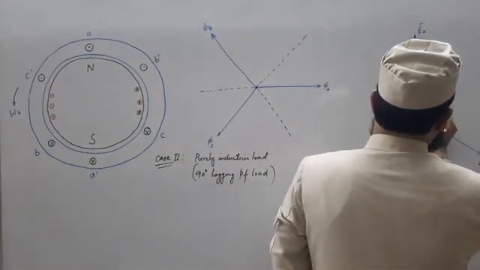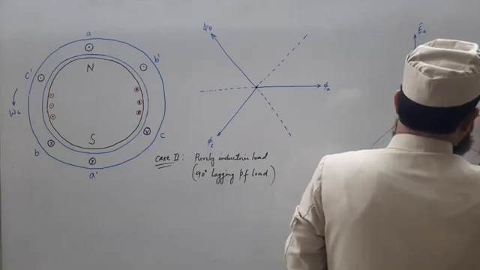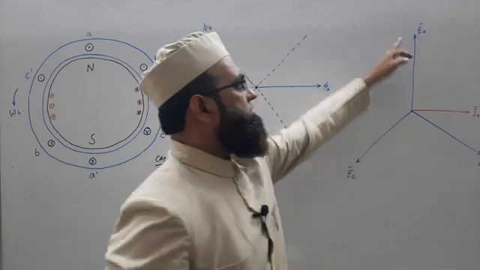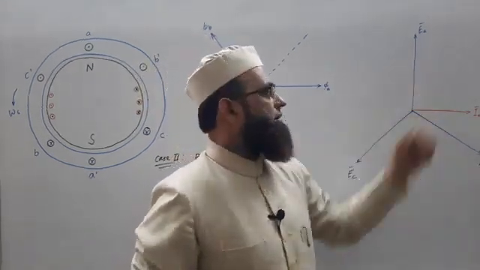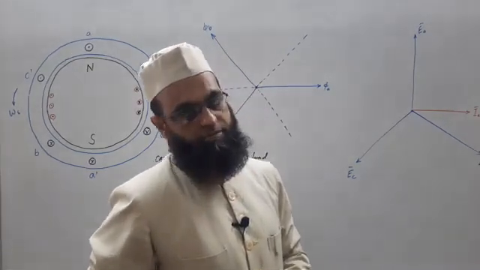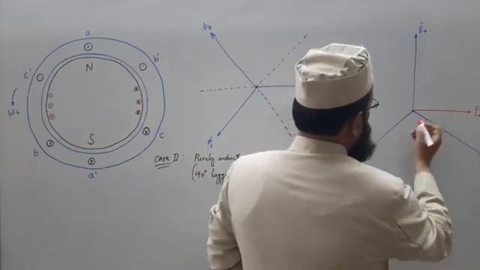Current lags the corresponding phase voltage by 90 degrees. We know it very well, right? So if this is EA, then IA will be lagging EA by 90 degrees. What about EB? Lagging 90 degrees.